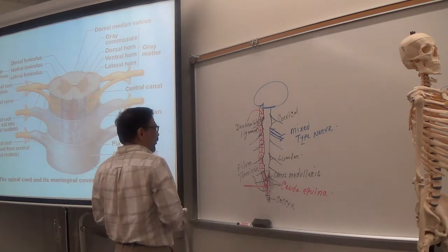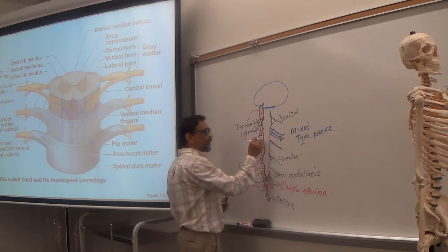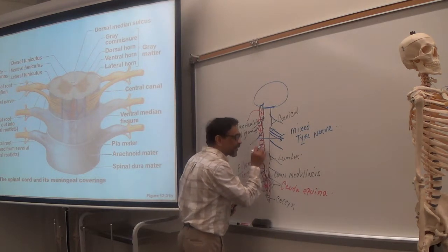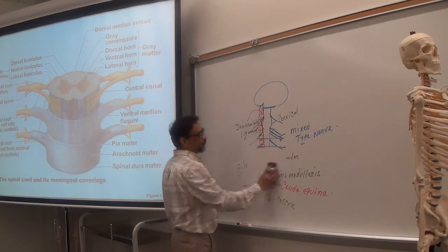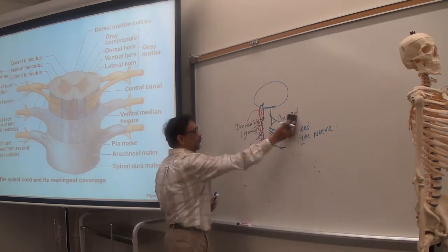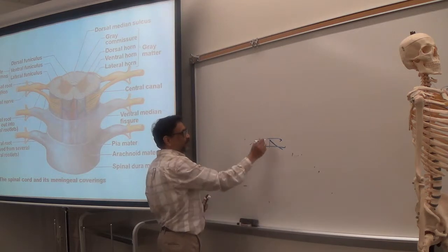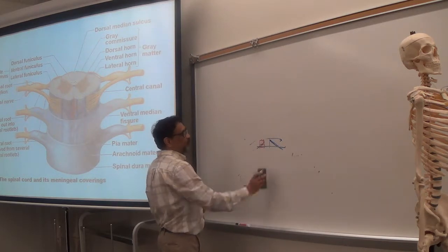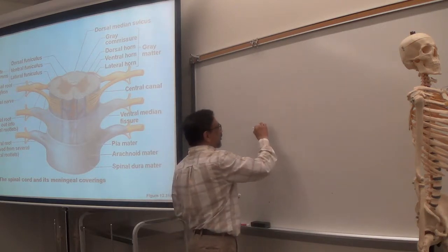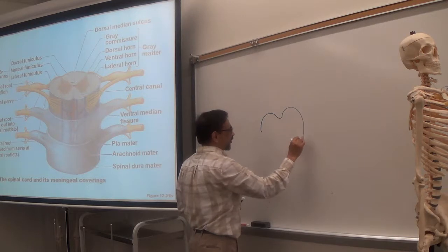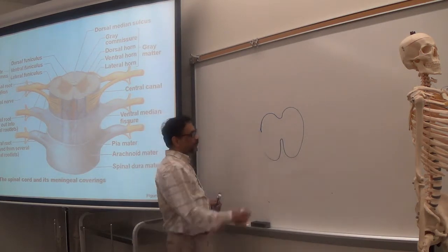Now, how is a spinal nerve formed? If I make a cross section here, if I just cut here and take a slice out, how does the slice with the spinal nerve look? So this is the cross section of the spinal cord.